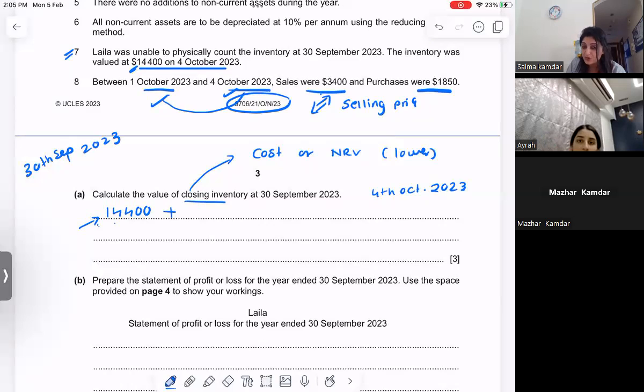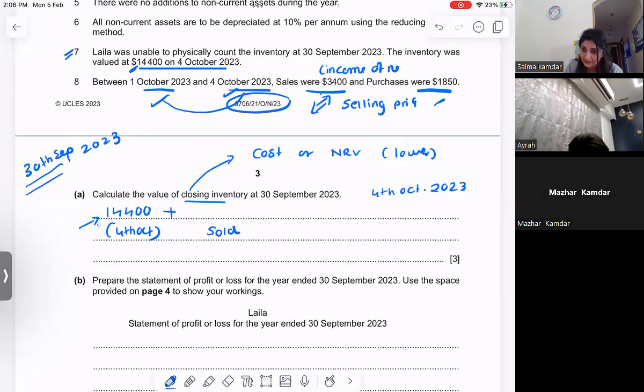Because you sold after the closing date. If I sell after the closing date, that means it is income of next year. So whatever this is on the 4th of October, I will add back the cost of what I sold, because I want the closing inventory of 30th September.